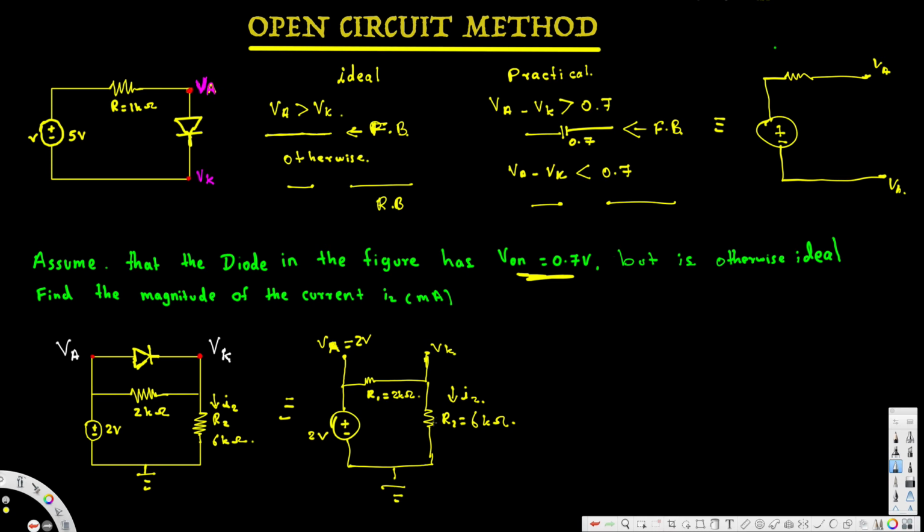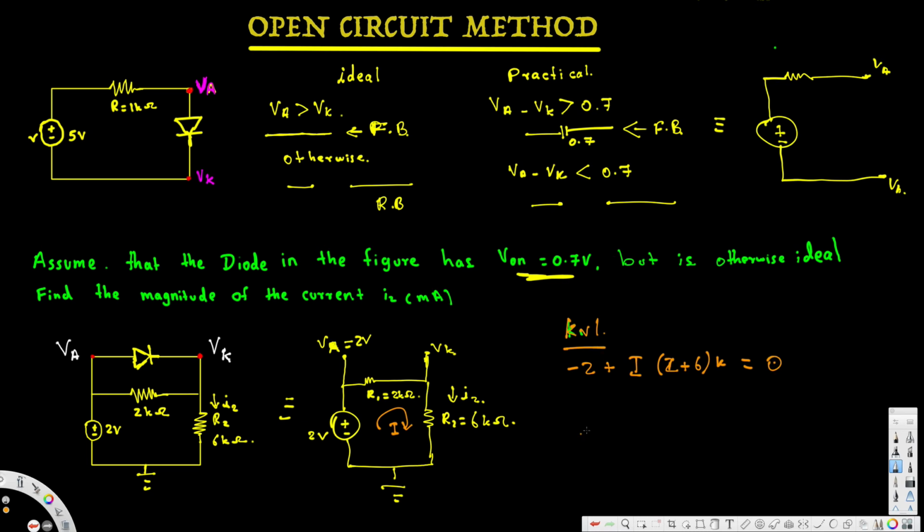To find that, we can apply KVL. Let's say current is flowing in this direction. So plus minus, it means current is flowing through minus to plus, so it means negative 2 volts plus I times 2 plus 6, 2 plus 6 kilo ohm, that is equal to 0.